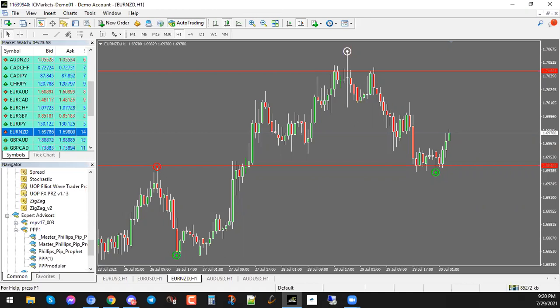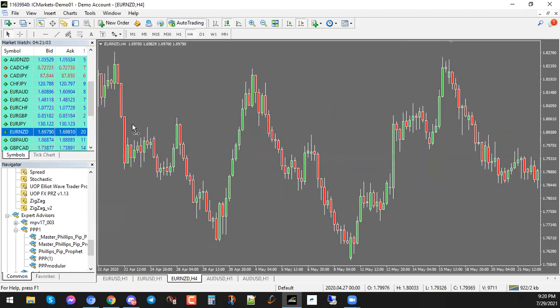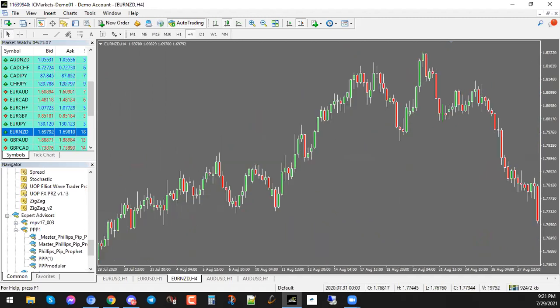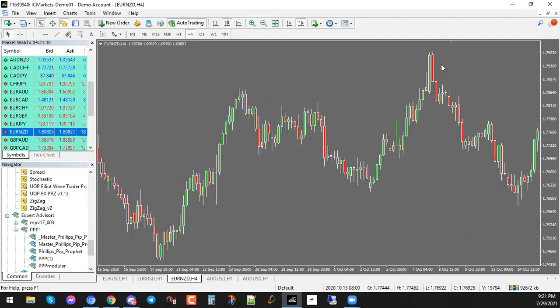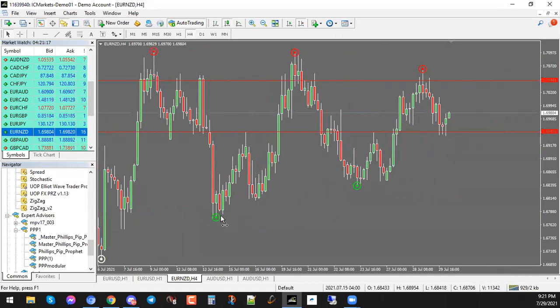So if you did go to the 4 hour time frame, this is what it looks like. All right, so the 4 hour time frame is a little bit different. It is telling you to go short as well, but you have not gotten a signal yet telling you to exit your trade.